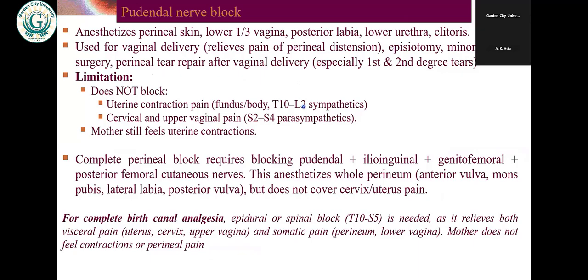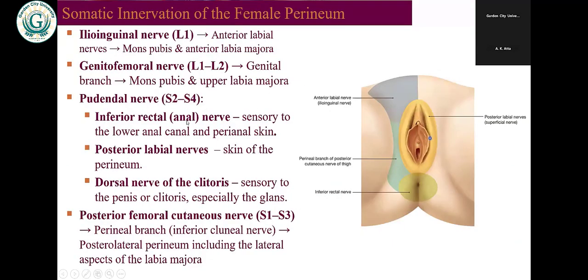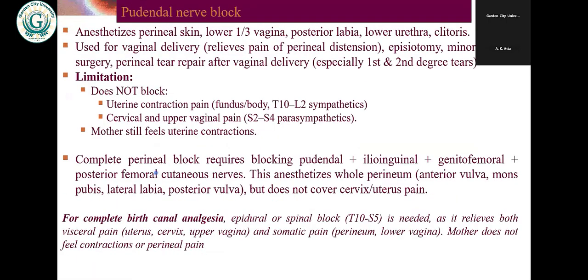The anesthesia will just be on the lower third of the vagina and some part of the perineal skin, those areas that, as I told you, are supplied by the pudendal nerve. So it's very good when they are doing an episiotomy or minor perineal surgery.